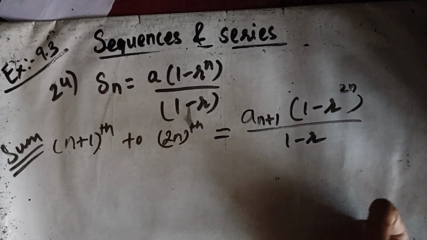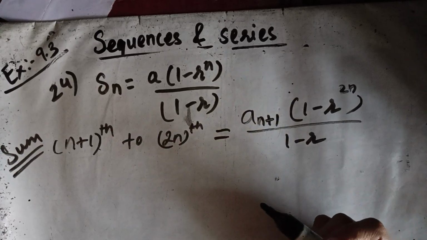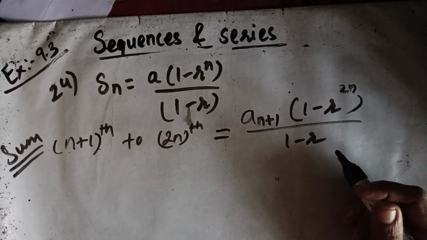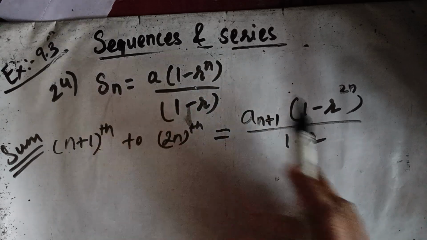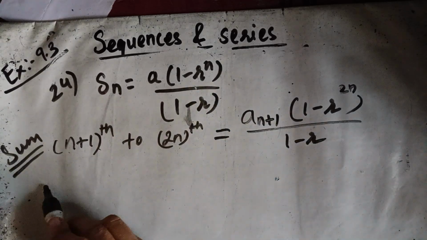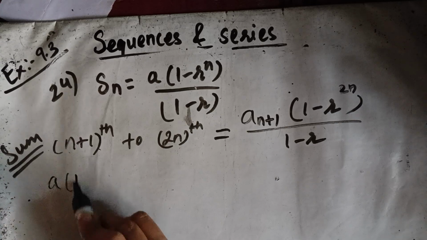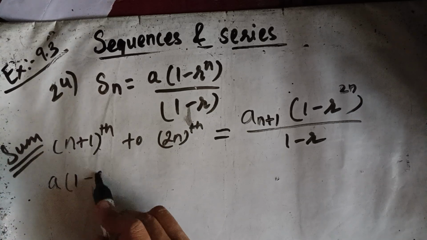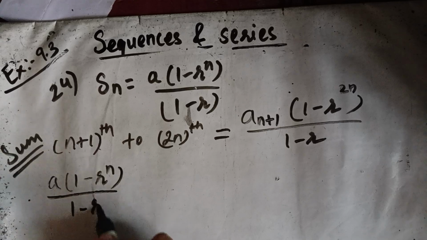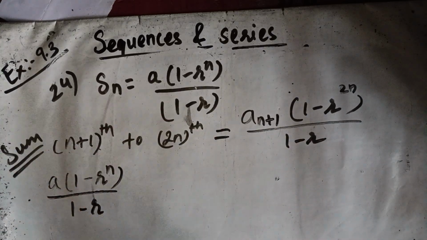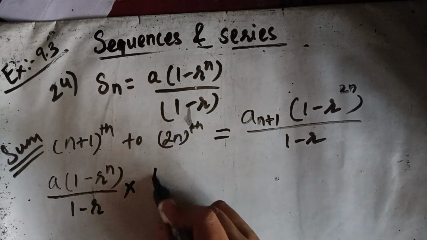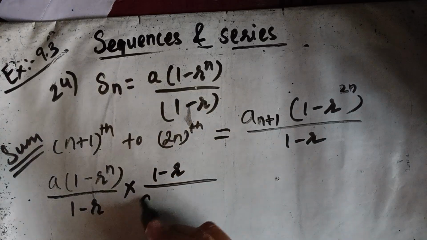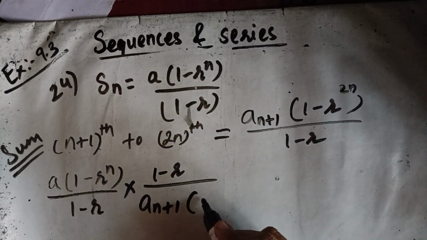So the ratio of this we have to calculate. Ratio of this to this, so this is in the denominator, so it will come in the numerator, and this will be in the denominator.